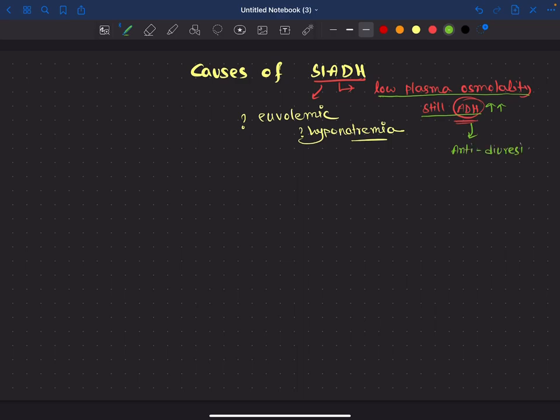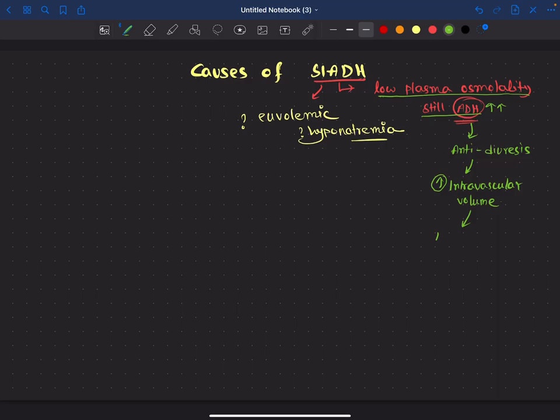Water will be reabsorbed into the body, so it will increase the intravascular volume. So basically it will cause loading of water into your vessels, into the systemic circulation, leading to intravascular volume overload.